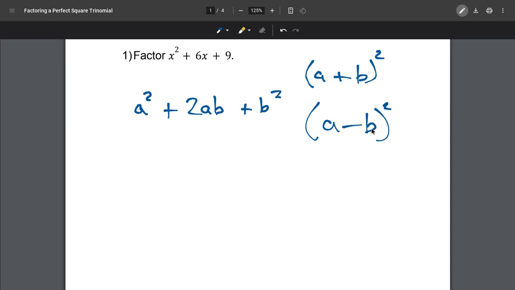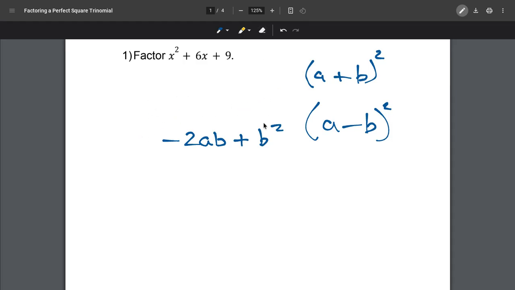Or if it's a minus b squared, that would be the form of a squared minus 2ab plus b squared. Okay, so let's take a look at these problems.